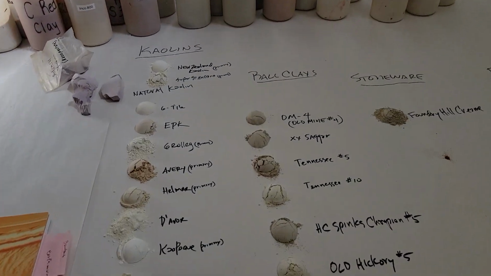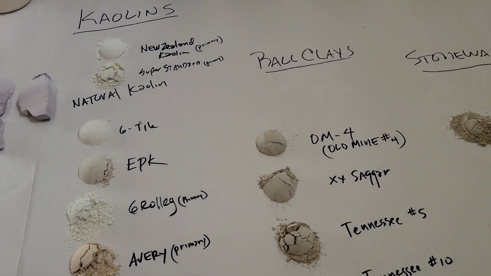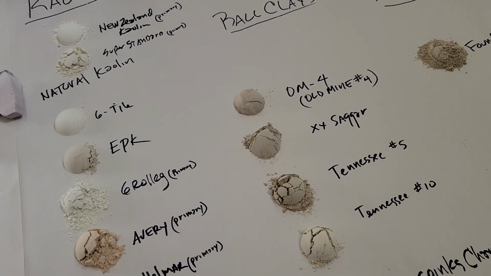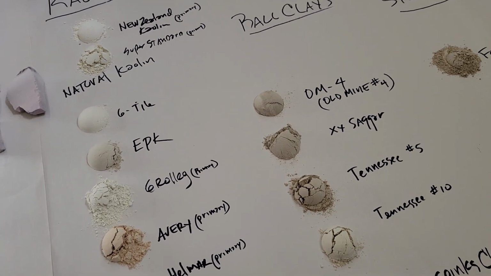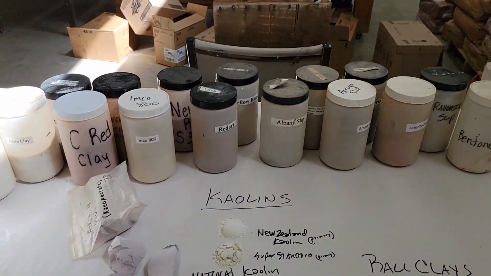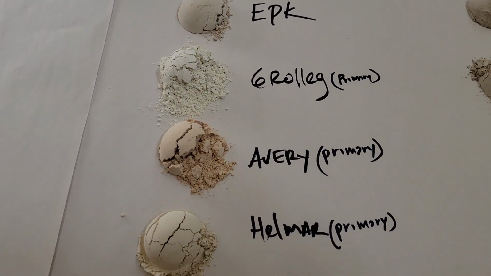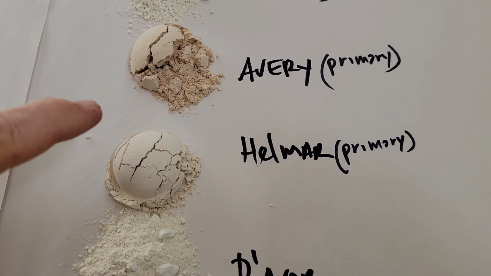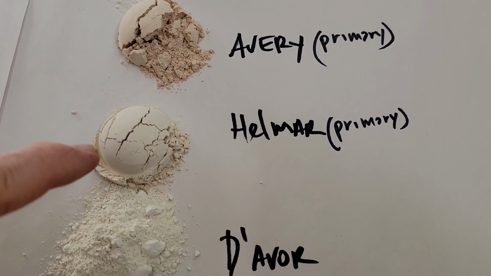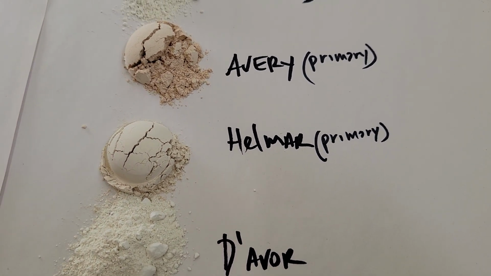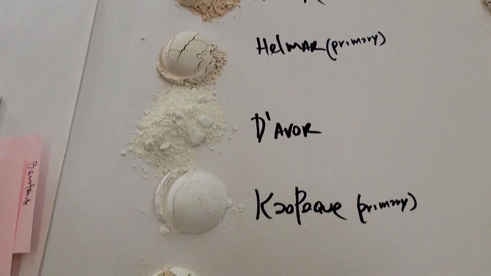Let me show you kaolins here. And so obviously I wrote some stuff down wrong here, but let me just show you. So here's Avery. That's a primary kaolin, and Helmer. So these are a lot of times used in flashing slips. And Kaopak.